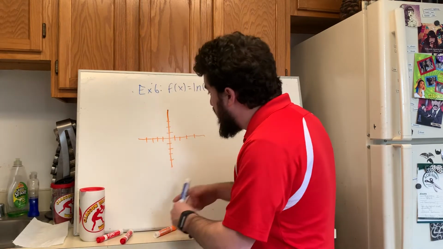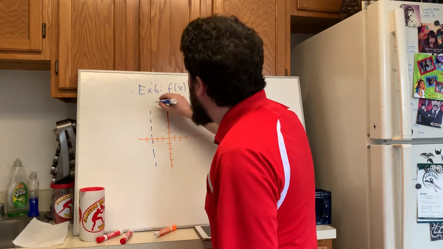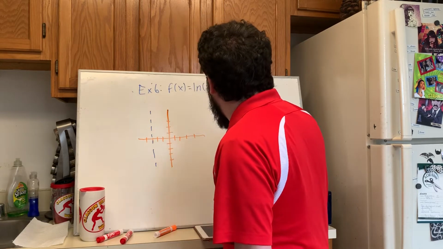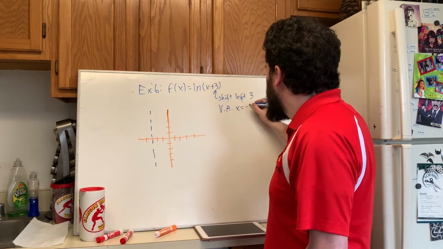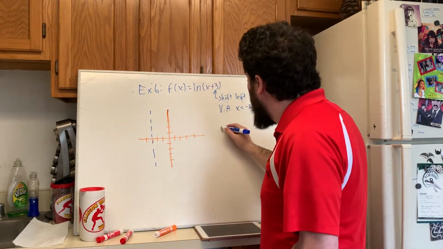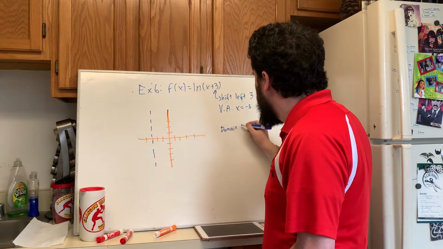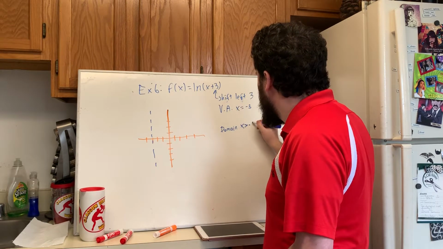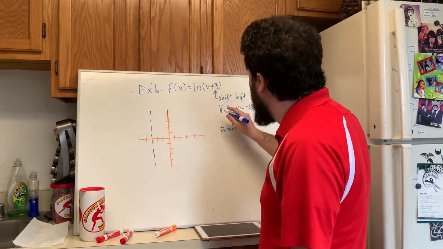If I shift that left 3, that is now a vertical asymptote at x equals -3, which will imply for my domain that x is greater than -3. So remember, it's going to come up this way.